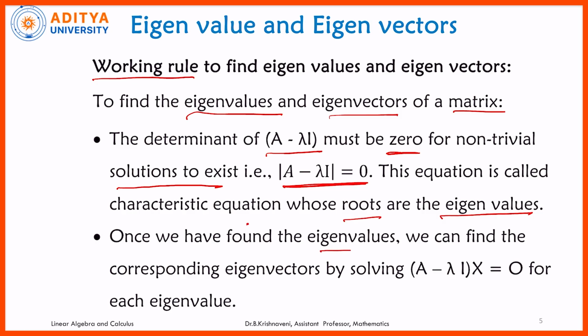Once we find the eigenvalues, we can find the corresponding eigenvectors by solving the system we got from the definition. Once you have an eigenvalue, substitute it here and we get a homogeneous system, and solving this gives x, which represents the eigenvector corresponding to that eigenvalue.